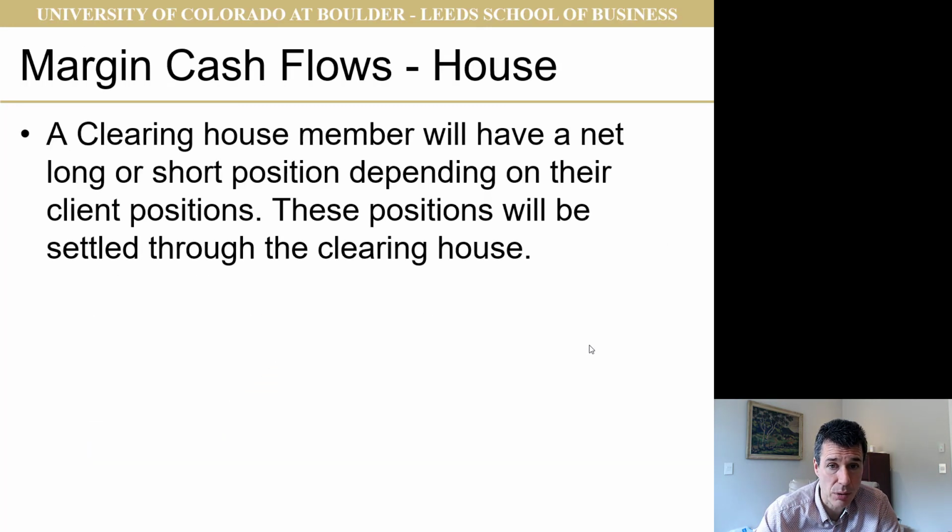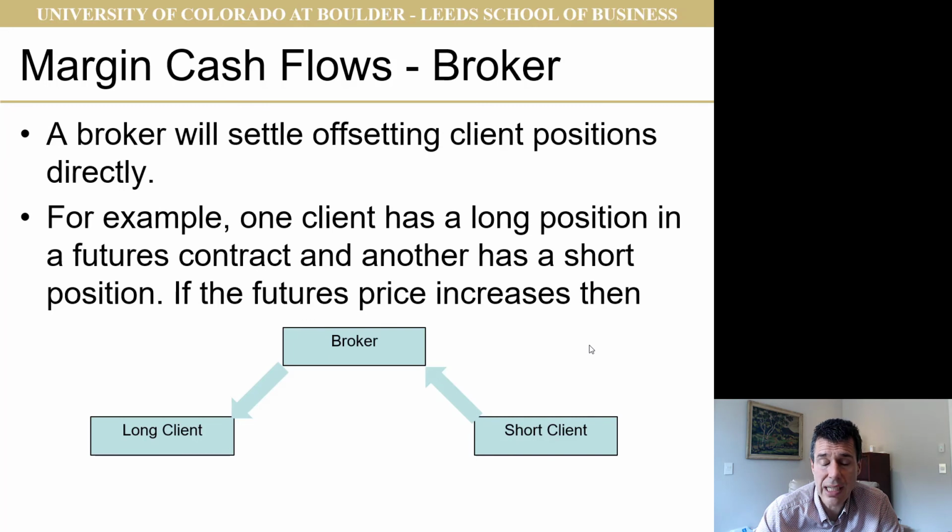Let's go back to the broker and think about what happens. Here's a client who has lost lots of money. He can't pay. Who's responsible to pay the person who's long? The person who's short lost lots of money, and they didn't have the money to pay. The broker is responsible in the first instance to pay the person who's long. As long as the broker can afford to pay that, the system works fine.